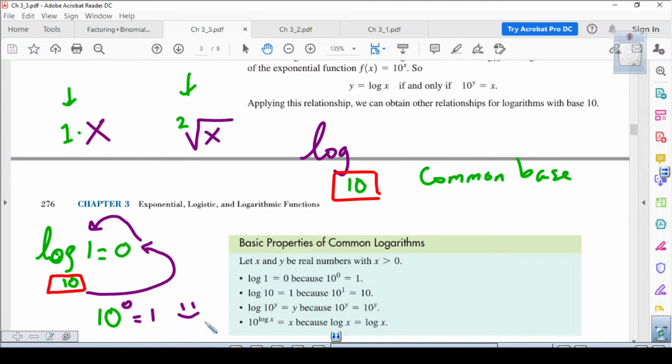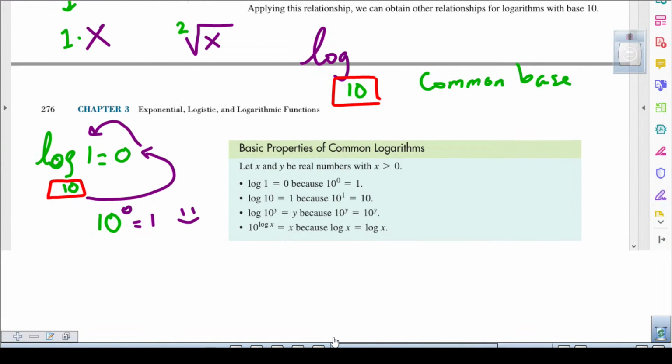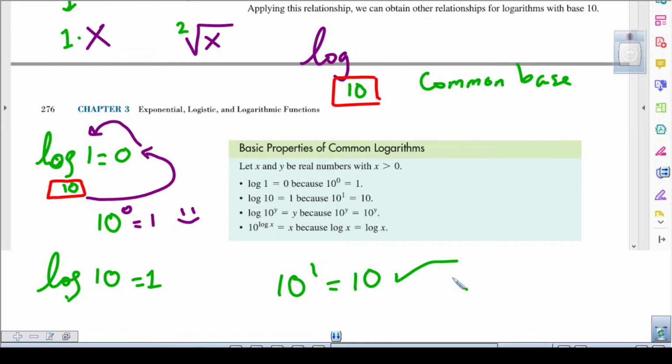Okay, what if we gave you a log of 10 equals 1? What's the base here? 10. Yes, if there's nothing here, there's a 10. So 10 raised to the first power equals 10, which is a true statement. That's a very true statement.